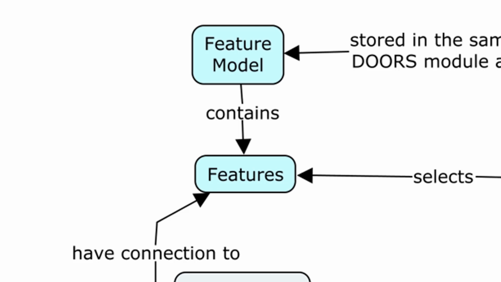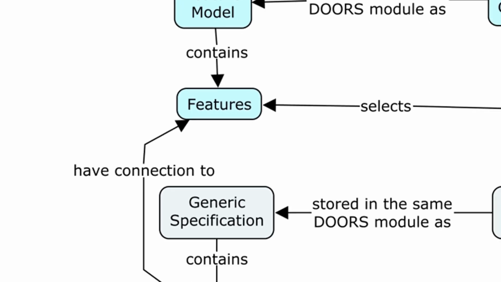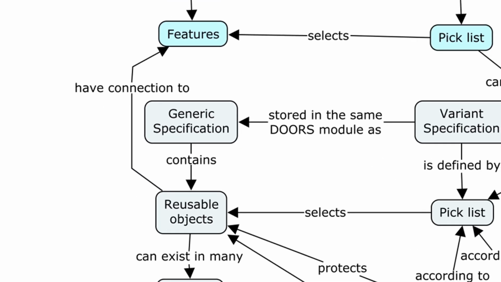Features have mutual constraints. For example, a given feature may require or exclude another feature. The reusable objects in the generic specification are logically connected to one or more features. This is what makes it possible to control the selection of these reusable objects based on the feature selection.